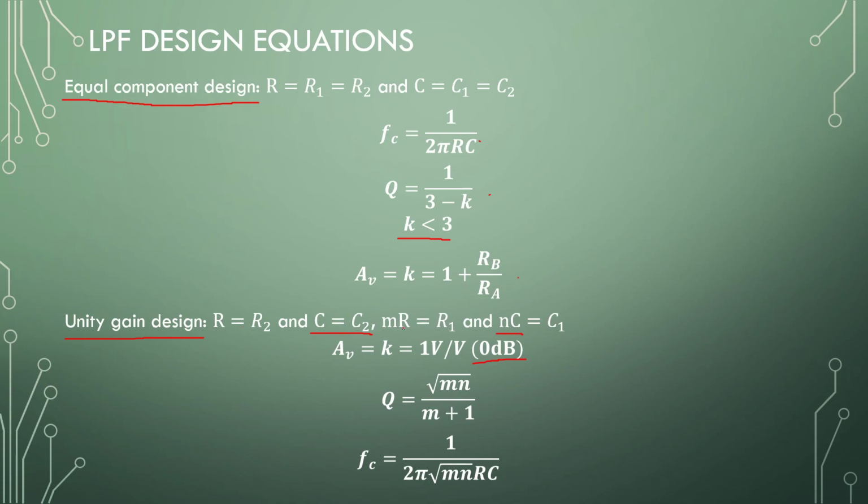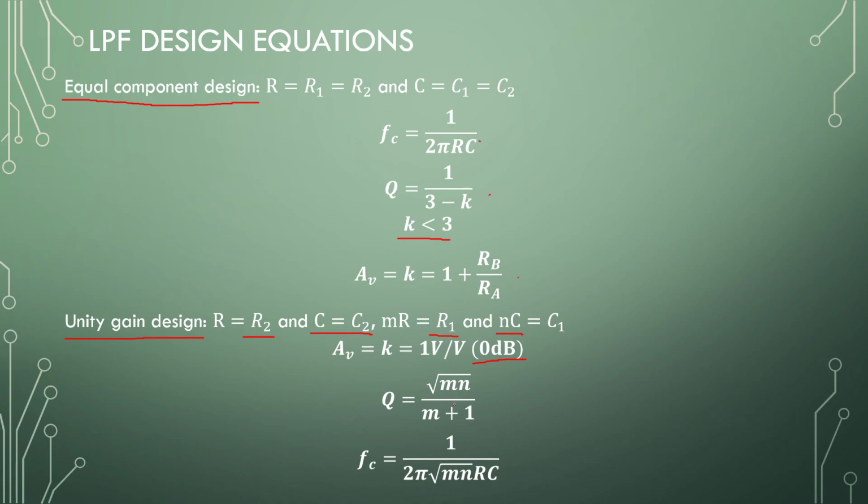Here every component will have a different value, and you have to choose your M and N so that you have components that are really close to the ratios that you have chosen. The typical method here is to choose N equal to 1. Then you can choose your two capacitors to be the same value, and your Q factor is more dependent on the ratio of resistor 1 and resistor 2.